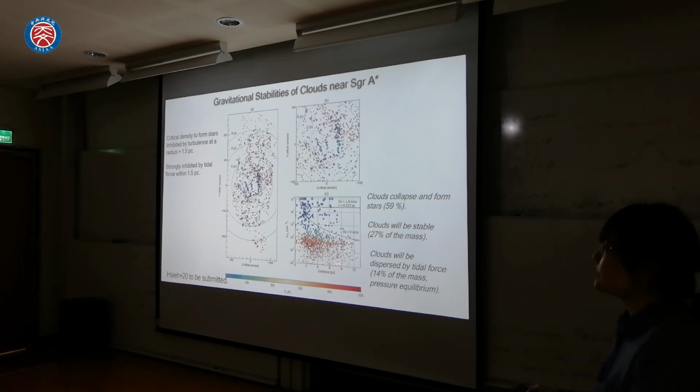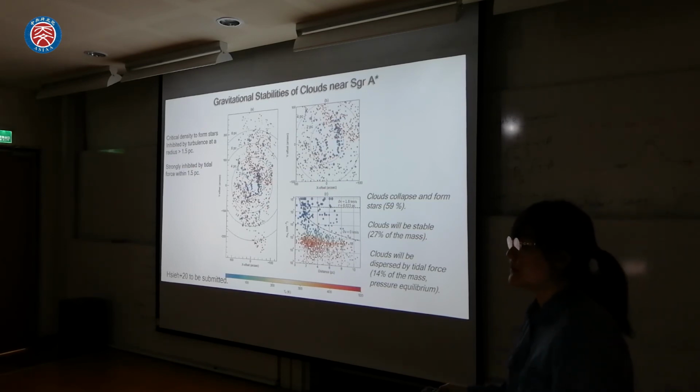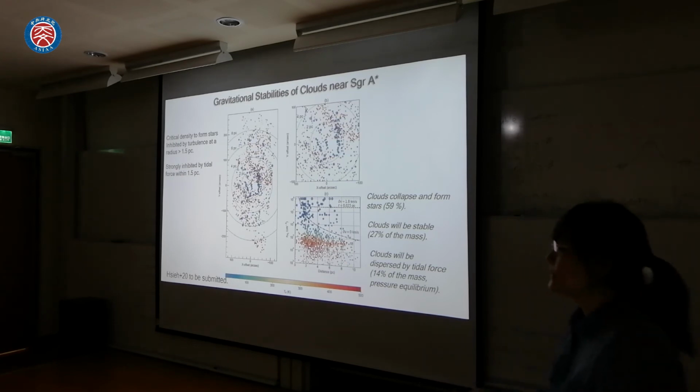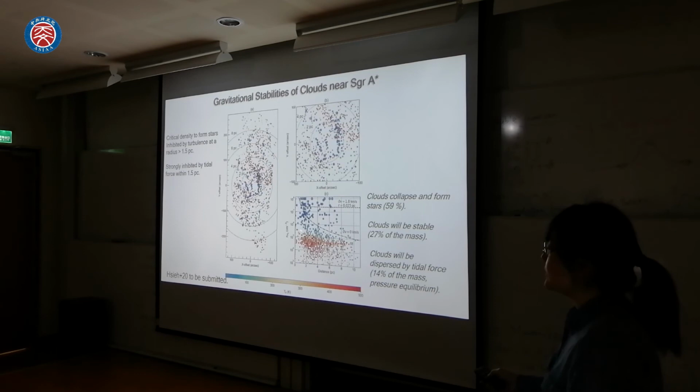The second point of information here is, although we see a lot of clouds, they are actually less massive and less dense clouds. If we consider the mass fraction, the clouds that are tidally unstable account for only 40% of the total mass, which is a lower limit. And 20% of the clouds are stable.